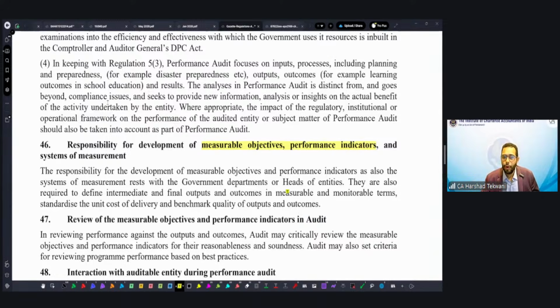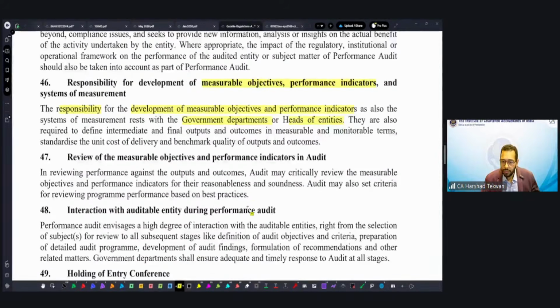That is the responsibility of the departments. The responsibility for the development of these objectives and performance indicators lies with the heads of entities or government departments. Okay, as an auditor, we need to review the measurable objectives and performance indicators. So the auditor will review whatever development has been done by the respective department.